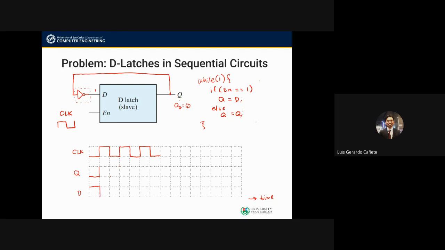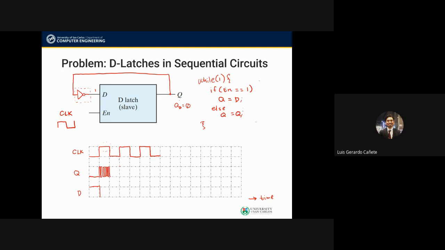So after some time, the D that we have seen here is going to be reflected at the output of Q. So Q is once again going to transition, and transition, and transition, because it's being inverted. And as long as the enable is high, in which case here we clearly see that that's what's happening, this will toggle back and forth. And the last value of Q will be random depending on the amount of time.